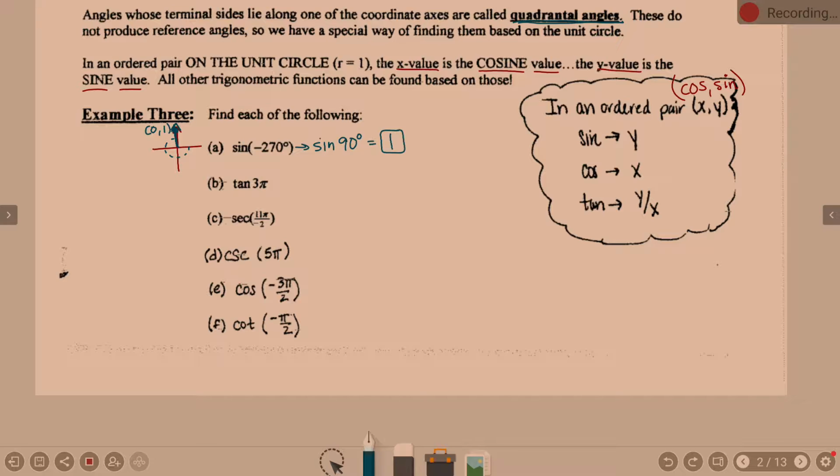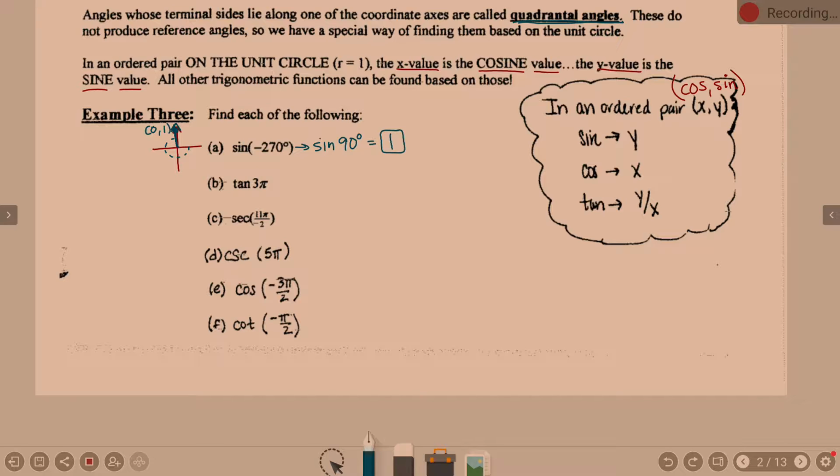Maybe I should point it out on here. I don't necessarily want you relying on this, but notice, if you look at the unit circle I provided you, you see 0, 1 on there. That's reminding you you're going left to right 0, up 1.